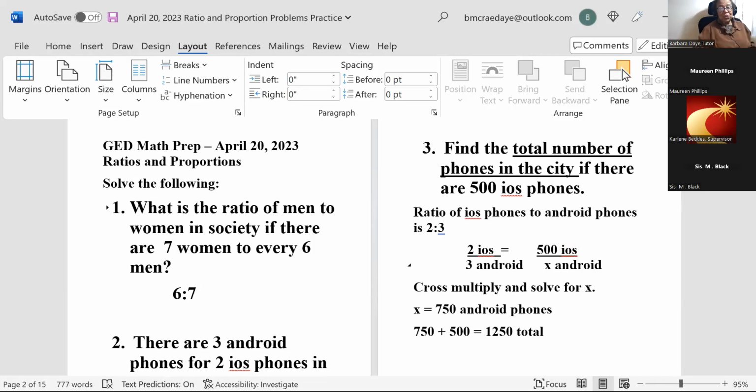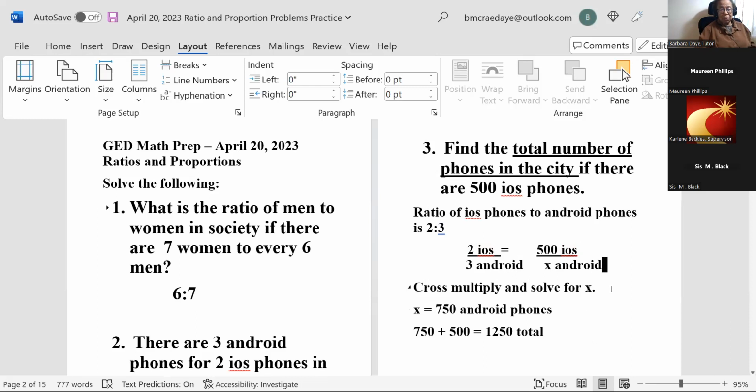When you set it up, if you're going to get it mixed up, just label them. The ratio of iOS to Android is 2 to 3. 500 iOS, how many Android? That's our unknown. So 2 times X is 500 times 3. And then to get the X, you divide the 1500 by the 2.